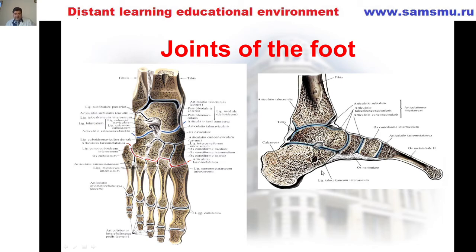The calcaneocuboid joint, you may see it on this picture. And the cuneonavicular joint. The subtalar joint is formed by the posterior articular facets of the talus and calcaneus, which represent segments of cylindrical surface.